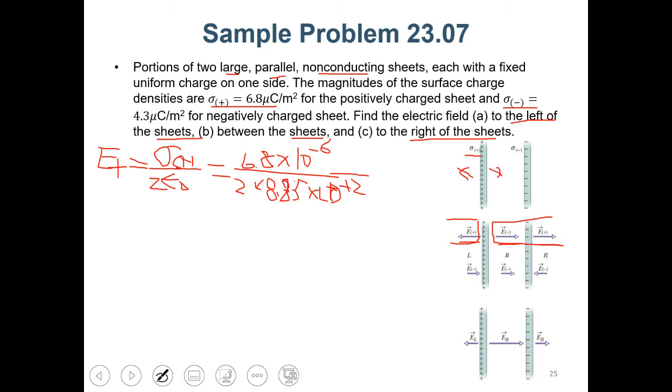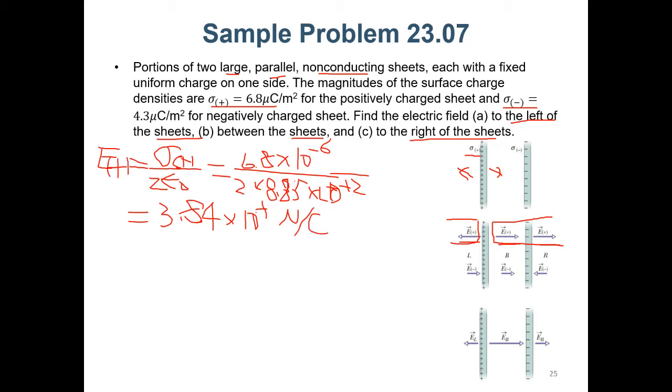So the answer would be 3.84 times 10 to the 5 Newton per Coulomb. And for E minus, you can ignore the positive plate. Then you can see that E minus points to the right for the left side and points to the left on the right side.